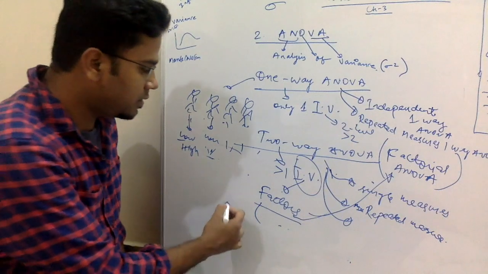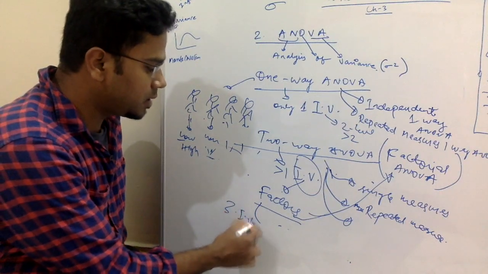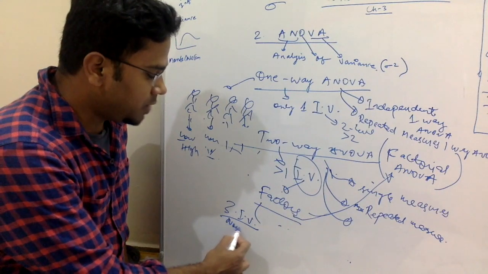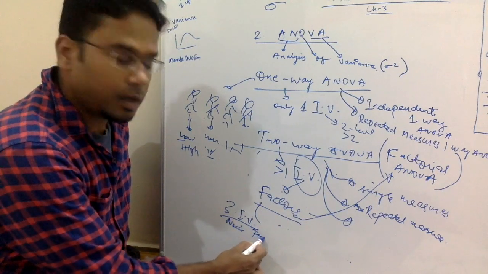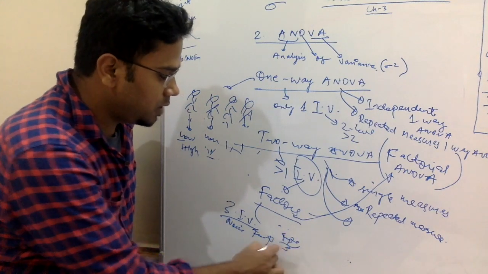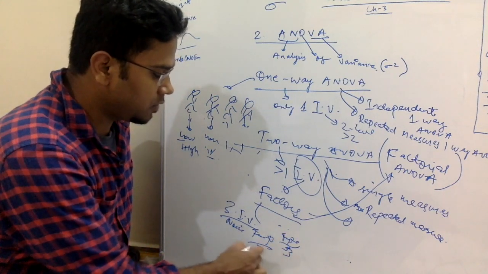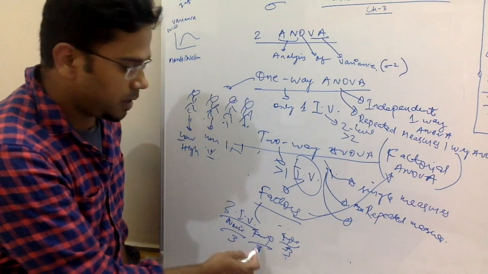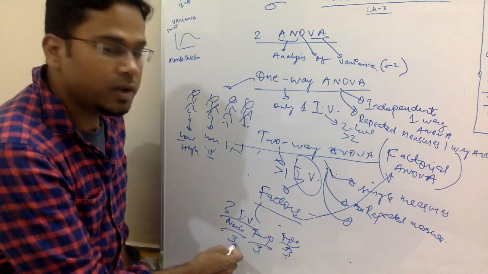So if there are three independent variables, you have noise, you have temperature, and you also have type of chair. Let's say you have three levels of each: steel, wooden, and sofa chair. Temperature high, low, medium. Noise high, low, medium.